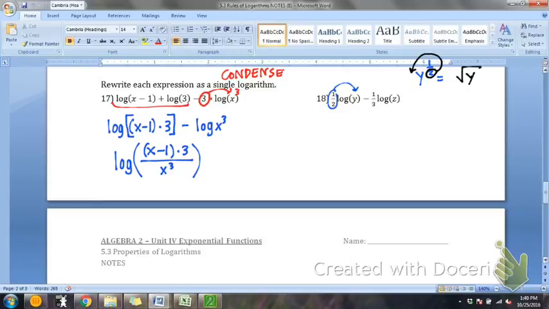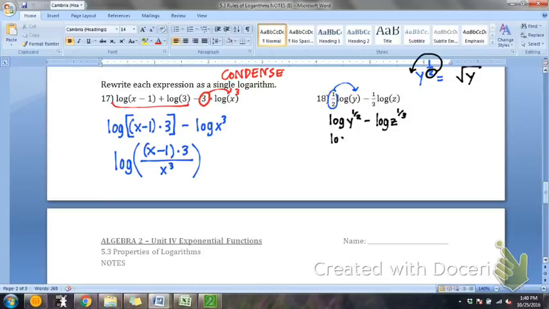So on the first example, I can say this changes to be log y to the 1/2. What does this other one change to be? Log z to the what? To the 1/3. But if we go another step, I know if I raise something to the 1/2 power, it's really the square root.